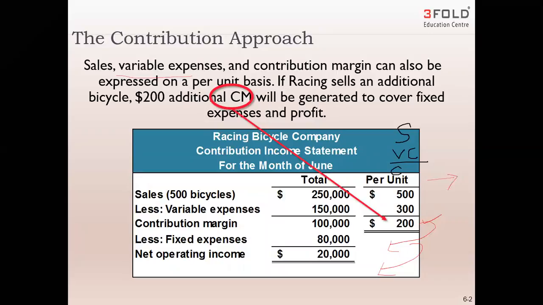So if you notice here, the total amount has been divided by the number of bicycles to get the per unit figure. So that's something to keep note of, because we will need this per unit analysis as we look into further break-even calculations.